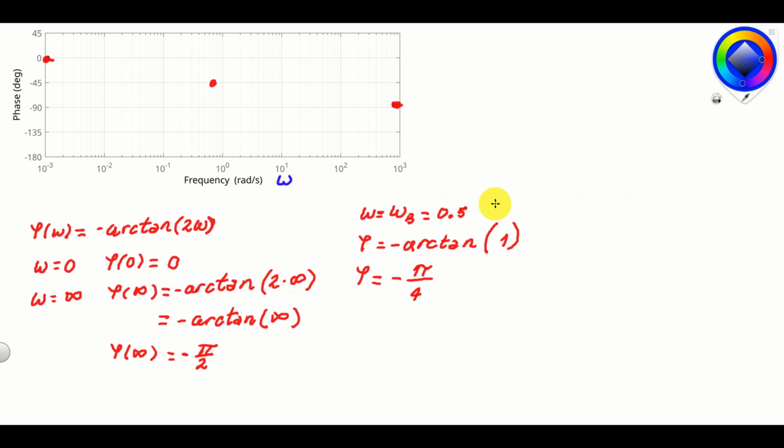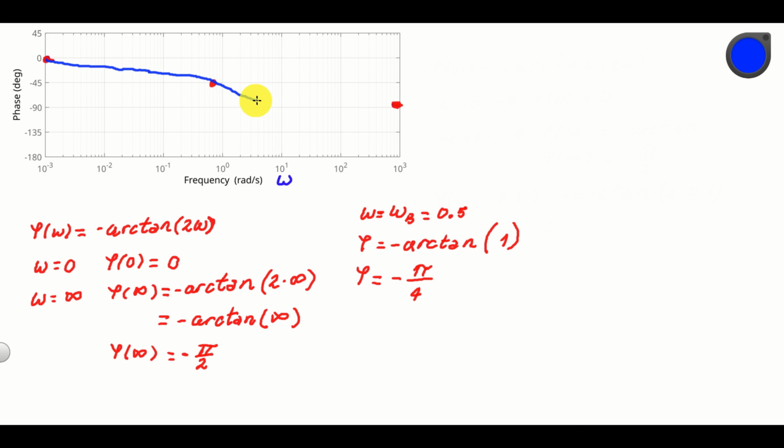Let's do that. Since the phase function is a decreasing function, we need to sketch a decreasing function. So let's do it from here. The phase will go down, go down, go down. Let me be careful over here. Then we have to pass through this point over here, like this.